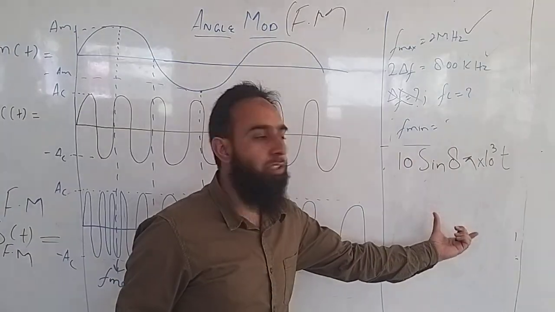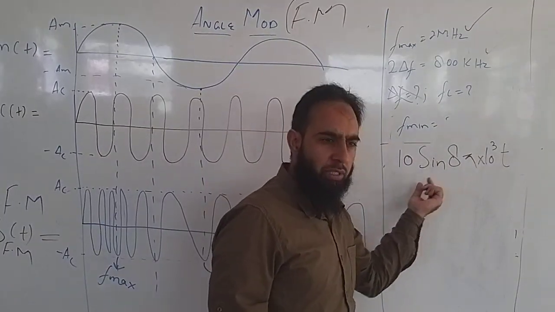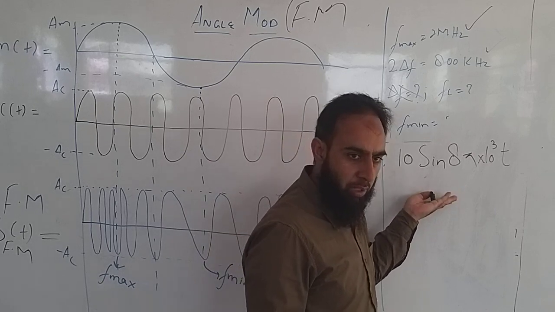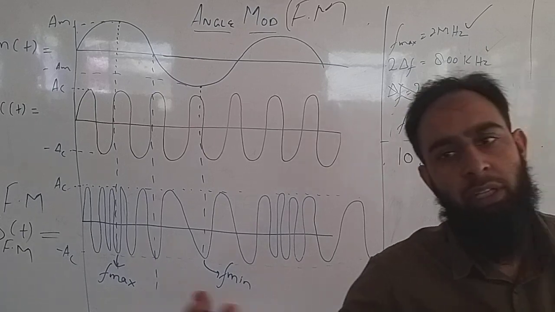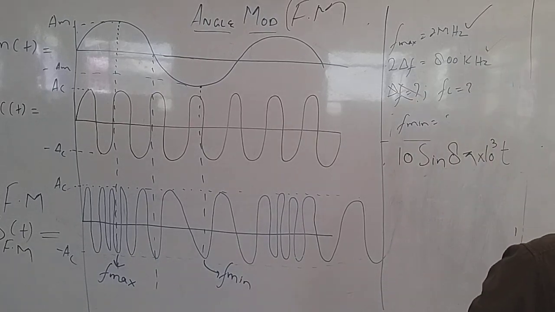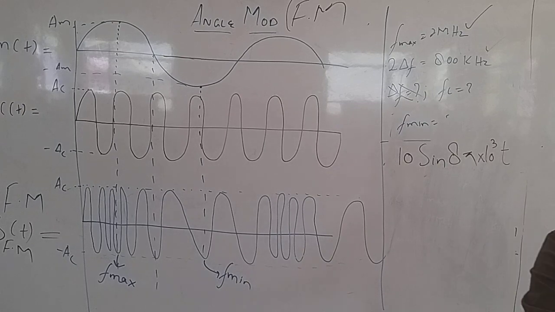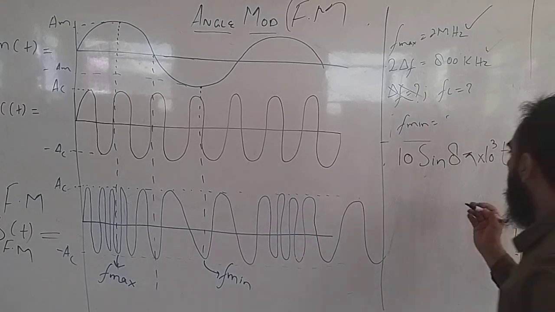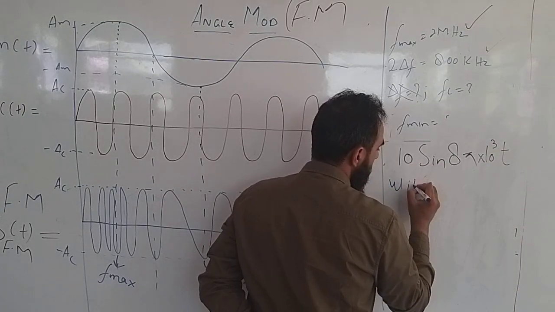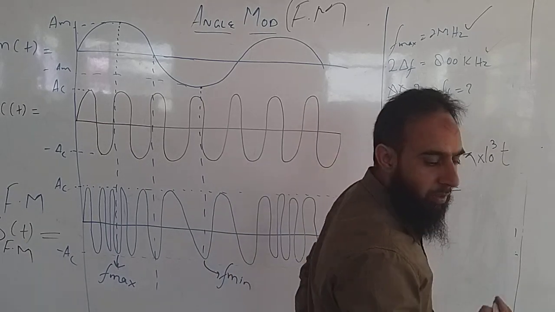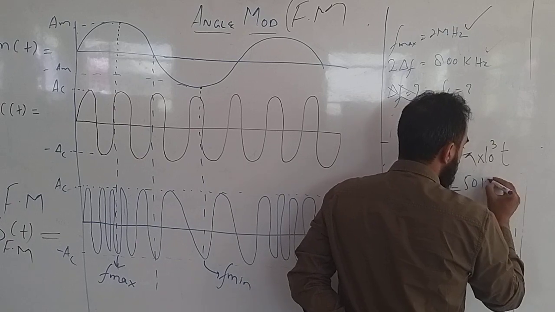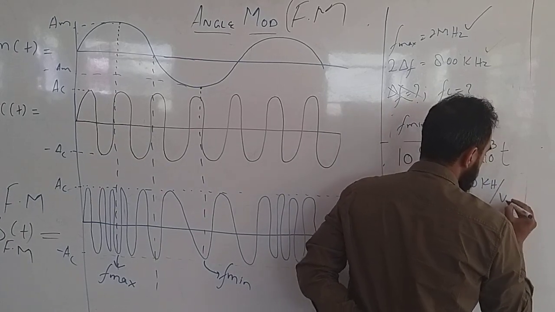A carrier is frequency modulated by this signal, so this automatically becomes the message signal. Any carrier signal modulated by any other signal, the other signal becomes the message signal. I have not written that, but you should understand that. With kf equal to 50 किलोहर्ट्ज पर वोल्ट.